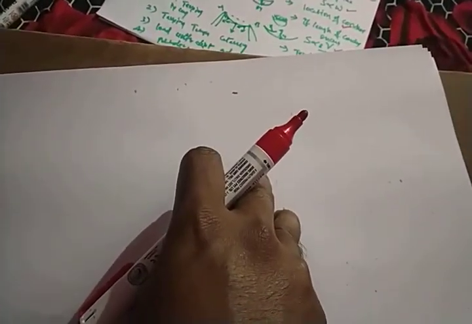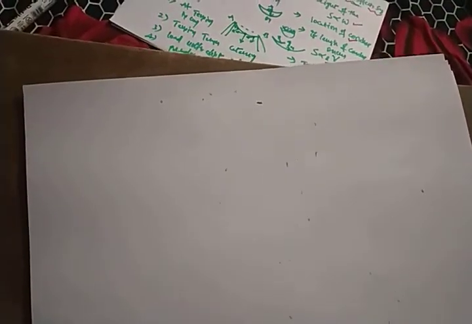If you want to know the sag calculations, there are two approaches. First is equal height of the towers, after that unequal height of the towers. We studied up to equal height of the towers.